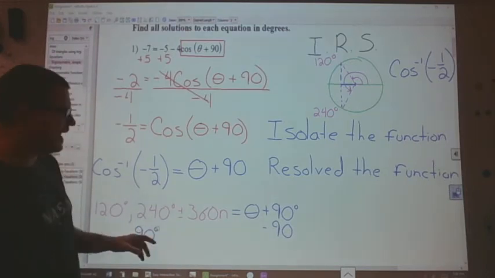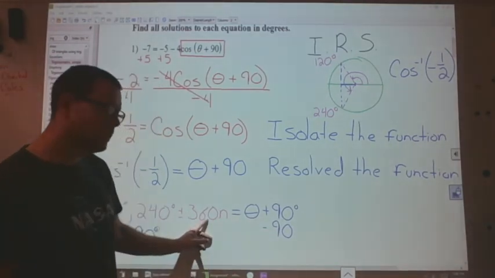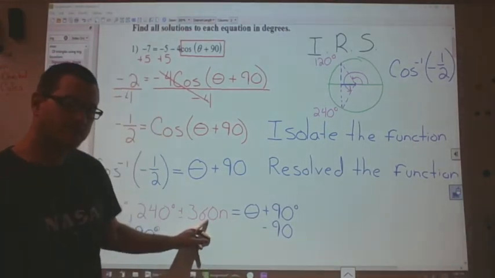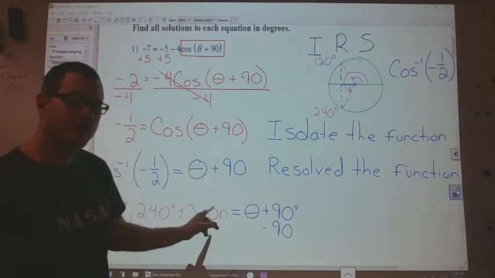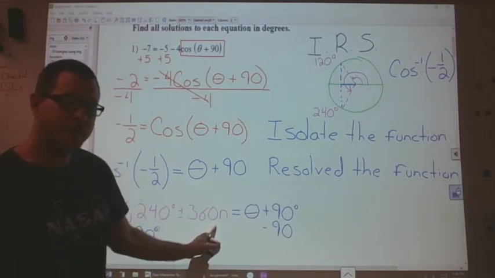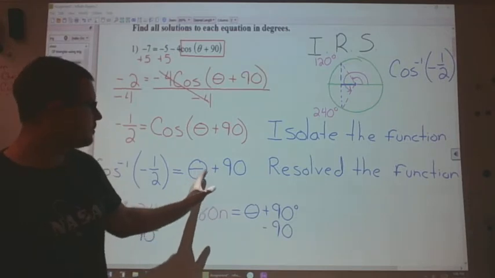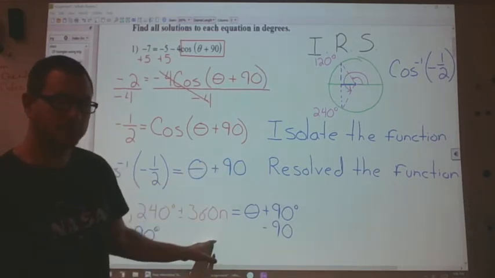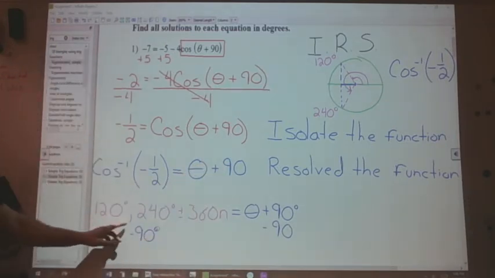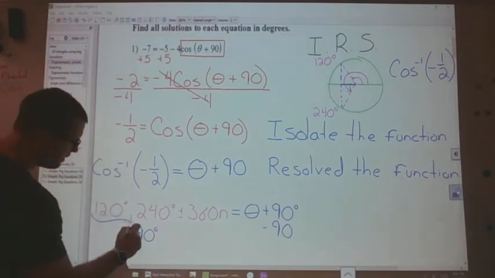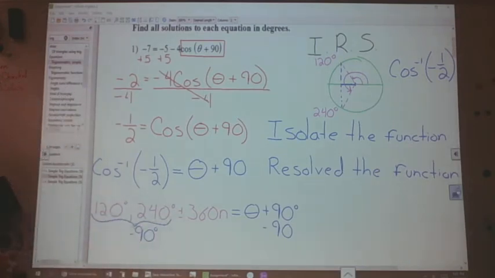Now, subtracting 90 degrees is not going to change the period. So that 360 is going to fall. The only thing that changes the period is multiplication or division, which we'll see in just a second. So all I have to do is subtract 90 from those two angles.